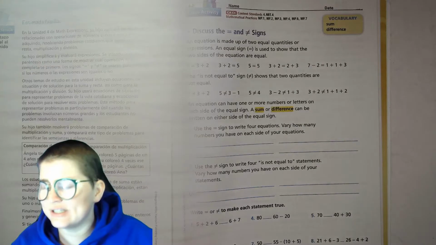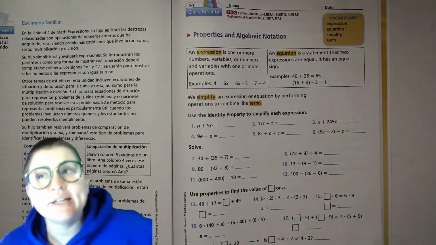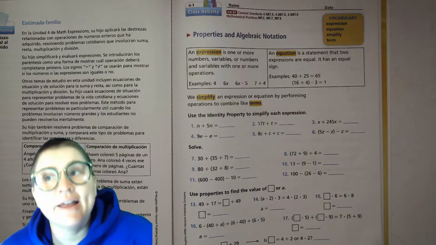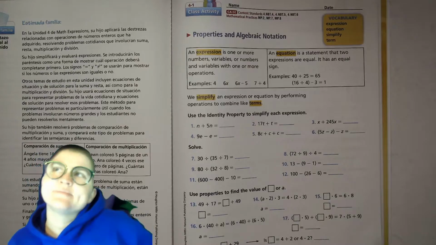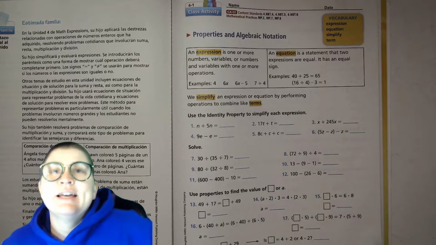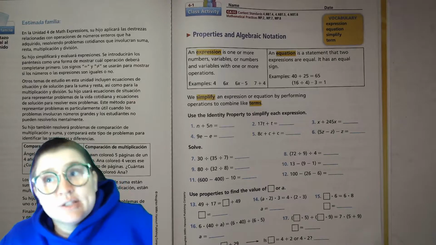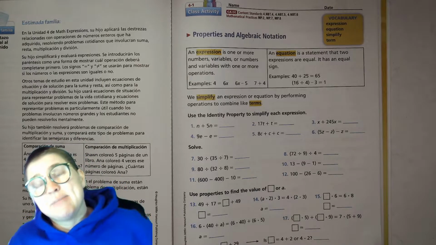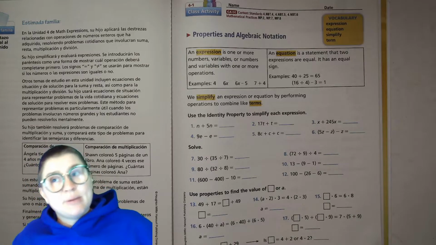This page is giving you a sort of refresher on some of the properties of math that you've learned so far. So think back to when you learned about the 0 property. When you multiply anything by 0, it's going to be 0. When you multiply anything by 1, it will be itself. That's the identity property.